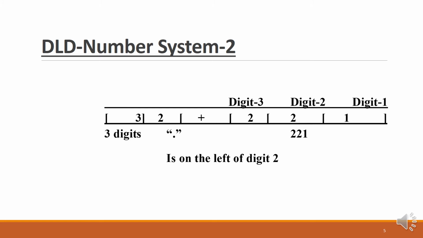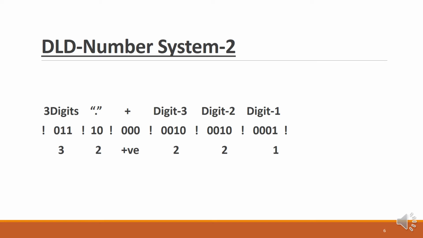And then of course next is the positive sign field, we said. Now let's see the same example in the binary form. So digit 1 is represented by 0001, similarly digit 2 is 0010, digit 3 is 0011, and then is the positive sign.